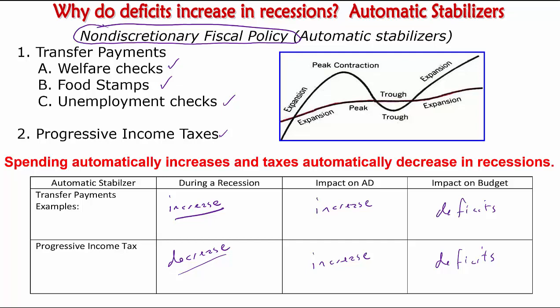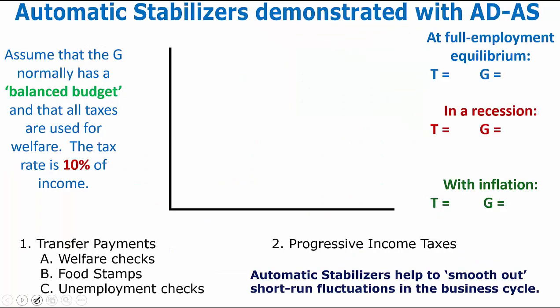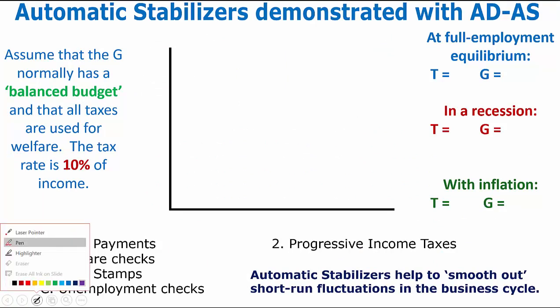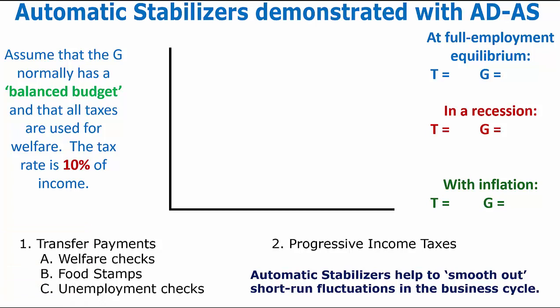So let's go through that using a graph. Now, this isn't that important as far as what I'm about to be doing, but it helps to illustrate why it is that taxes automatically go down in a recession, spending automatically goes up, and then the opposite's true for inflation.